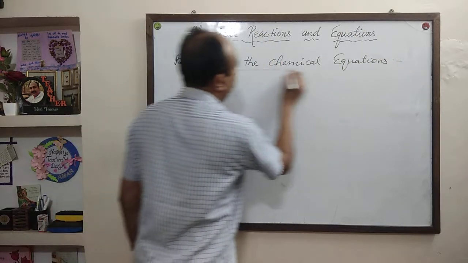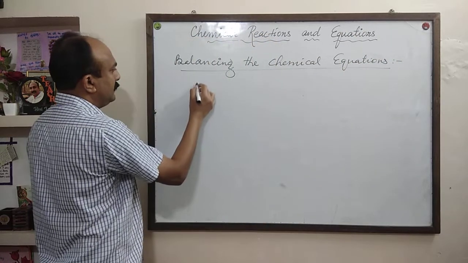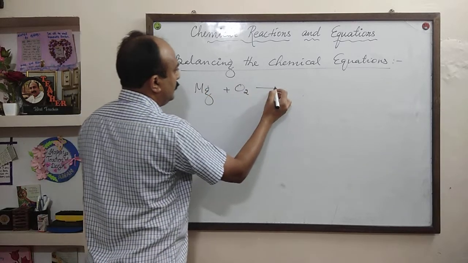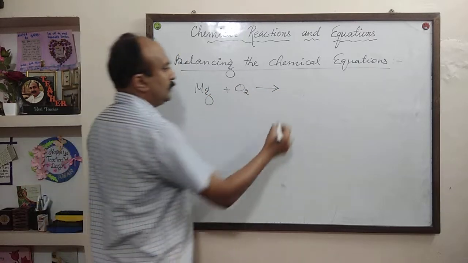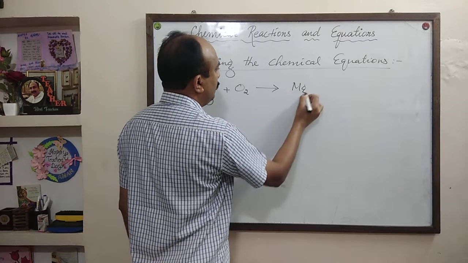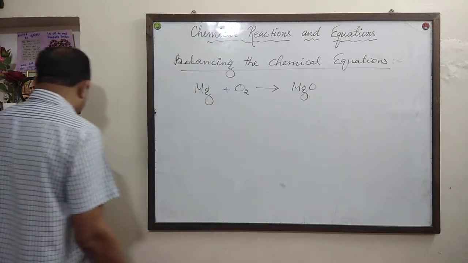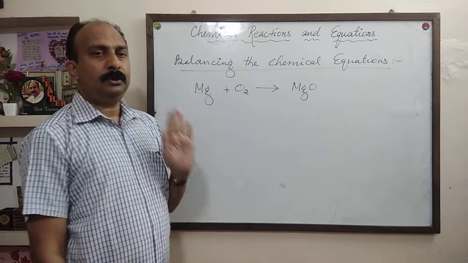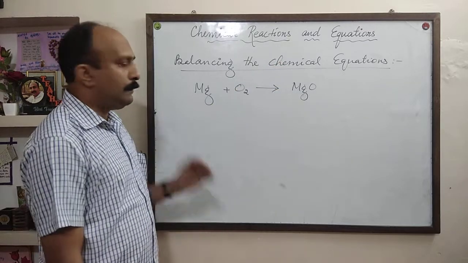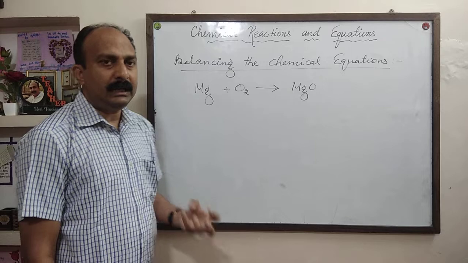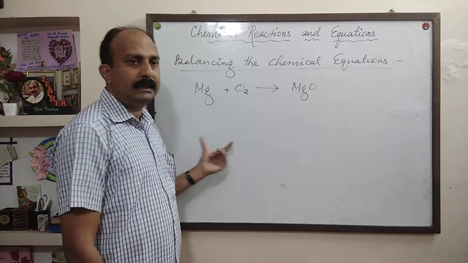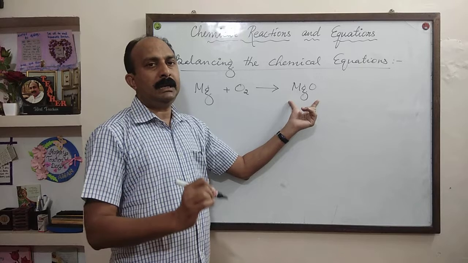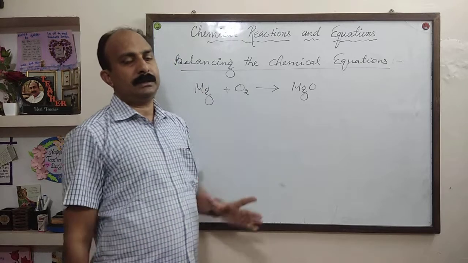Okay. I am taking the first example. Magnesium ribbon is burned in air to form magnesium oxide. To balance a chemical equation means to make the number of atoms of each element of the reactant equal to the number of atoms of each element of the product.